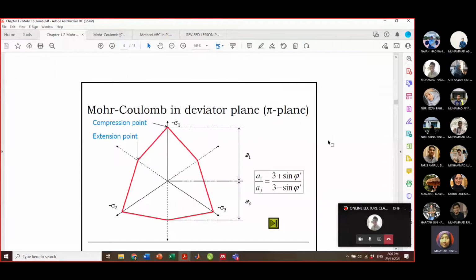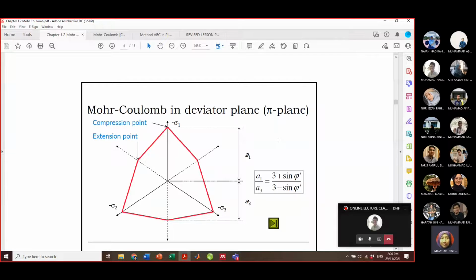When you go to the next level in chapter 4, when you are modeling and simulating using Plaxis, you may see there are a lot of models to present the behavior of the soil itself. It's not only Mohr-Coulomb. You may also have Drucker-Prager, or you may also want to analyze it as nonlinear by using the hyperbolic.